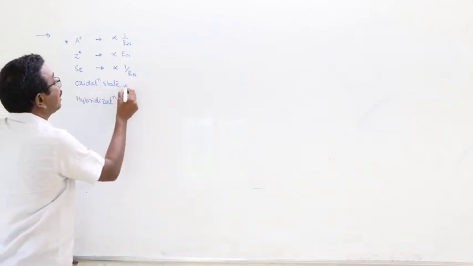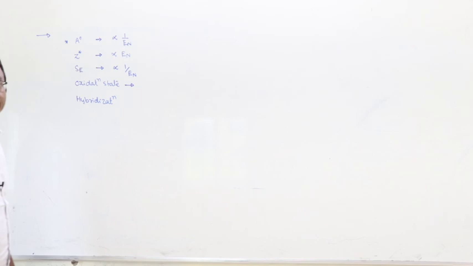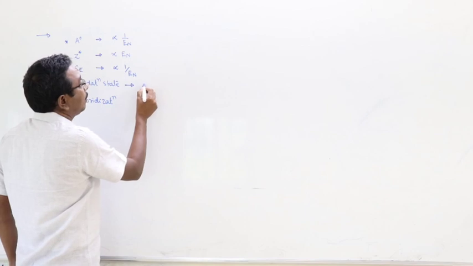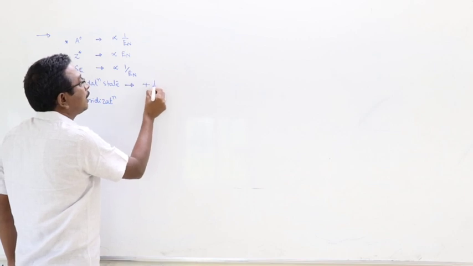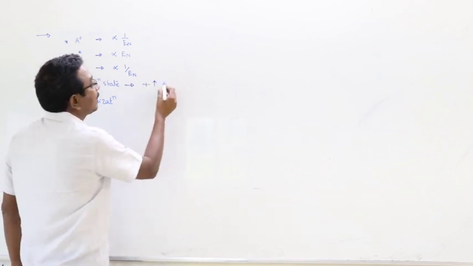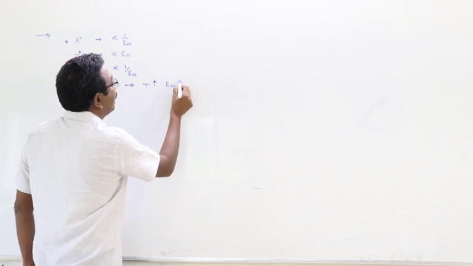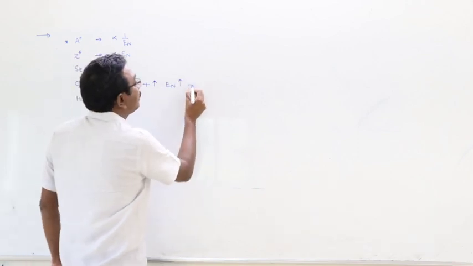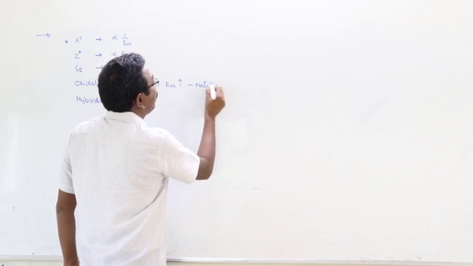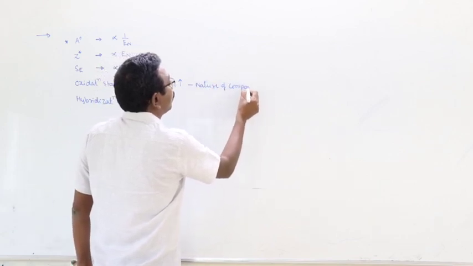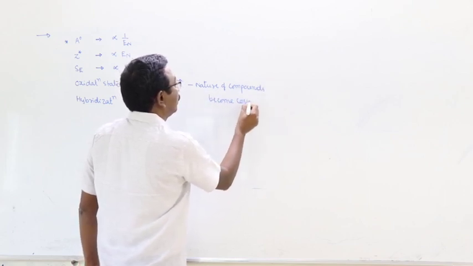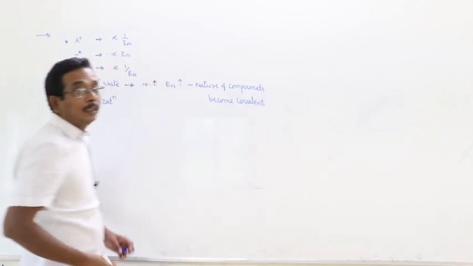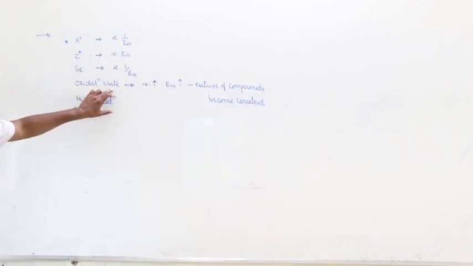Okay. But what about the oxidation states? Here, with increase of oxidation state, means with increase of the positive charge of the oxidation state, electronegativity increases, and the nature of compounds becomes covalent.